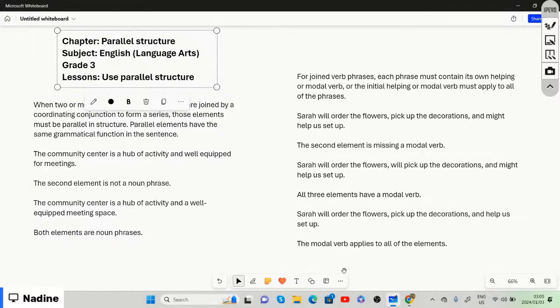Our subject is English, which is language arts, grade 8. And then our lesson is to use parallel structure. That is going to be our lesson for today under our chapter of parallel structure.